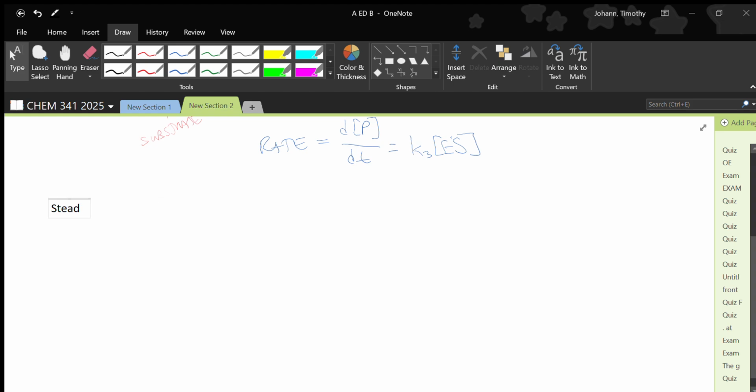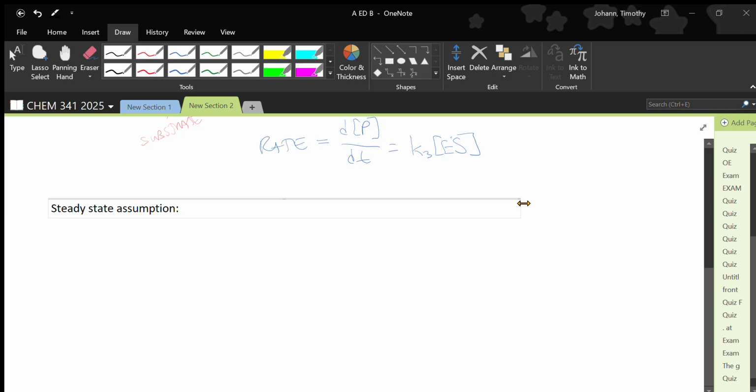So now we have one more assumption. We have the steady state assumption. What the steady state assumption says is that the breakdown of enzyme substrate complex is going to be equal to the formation of enzyme substrate complex at the beginning of the reaction.